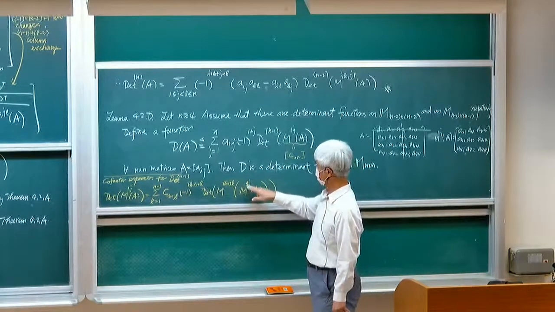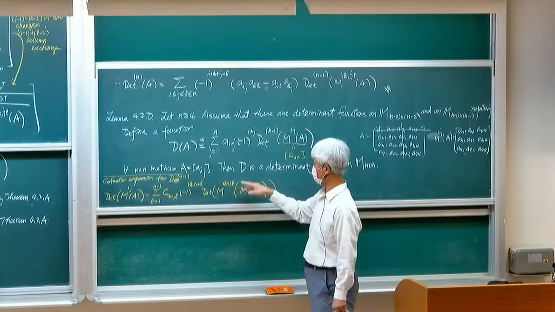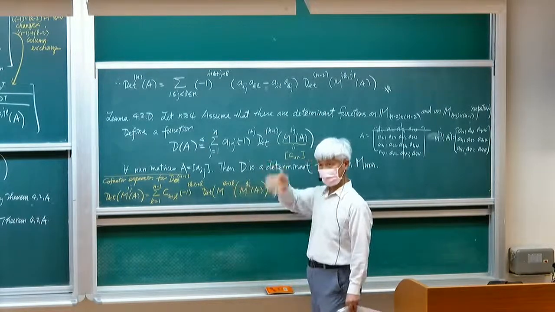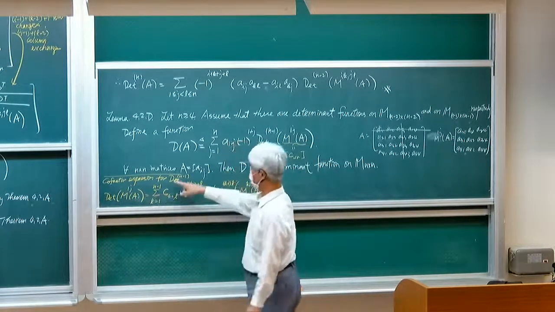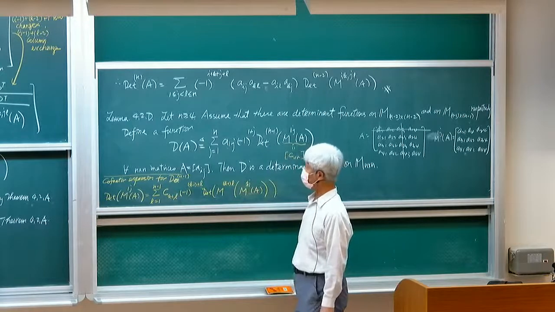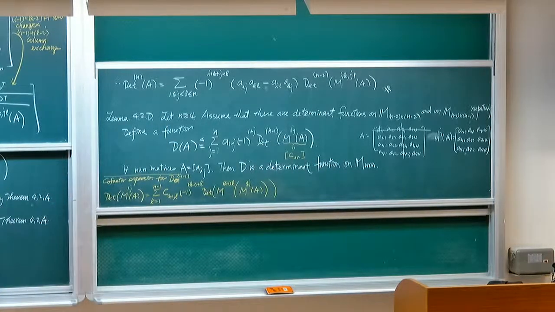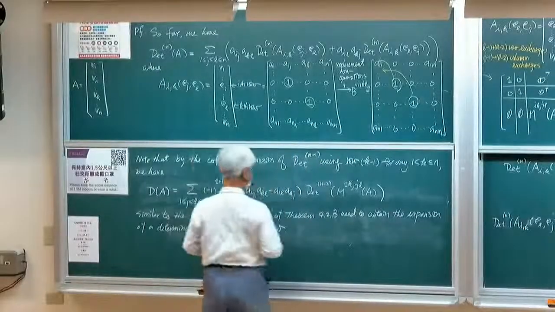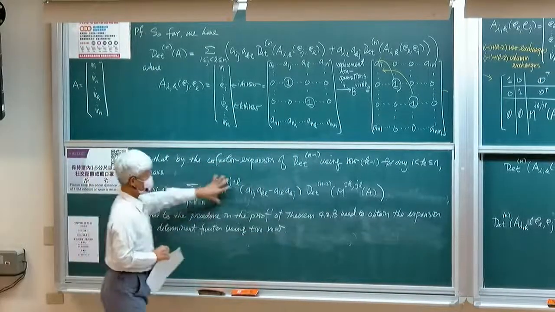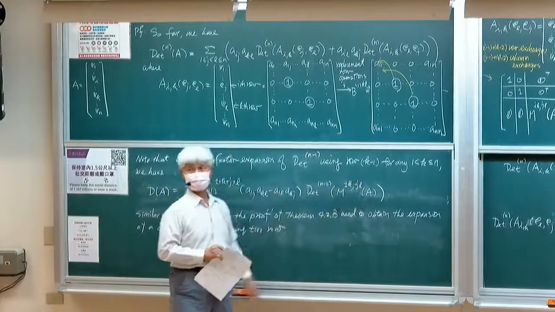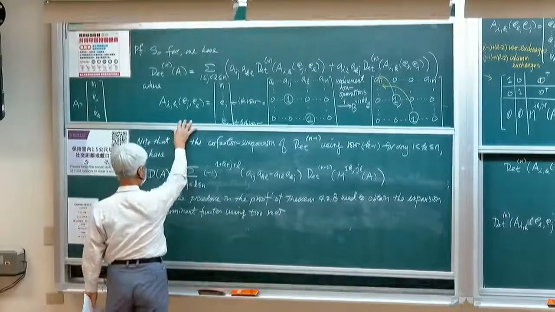You remove the first row and J-th column, and then you remove the K minus 1 row and the L-th column there. So this is the cofactor expansion. But anyway, we will go through the procedure in the proof of the last theorem, and you end up with the same formula actually. So that is the formula we use here.